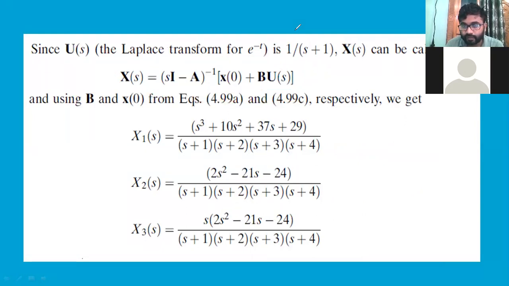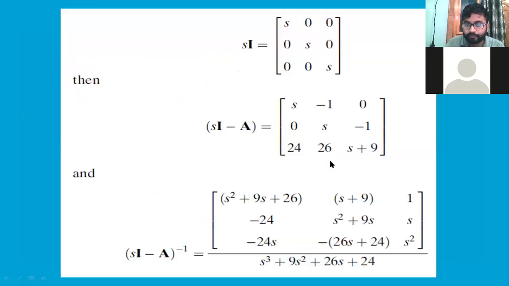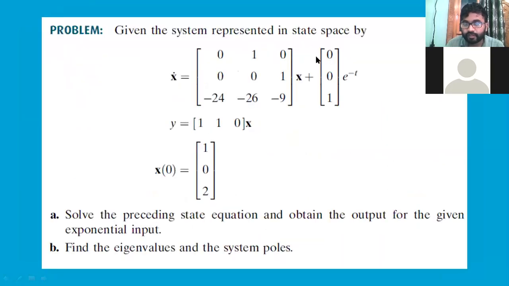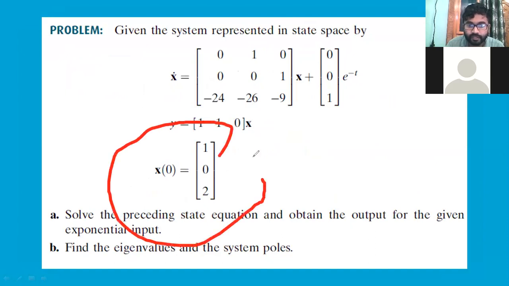What is the input given here in this problem? In this problem, u(t) is e power t. This is the input. So this is the X(s), and X(0) is the initial conditions matrix.